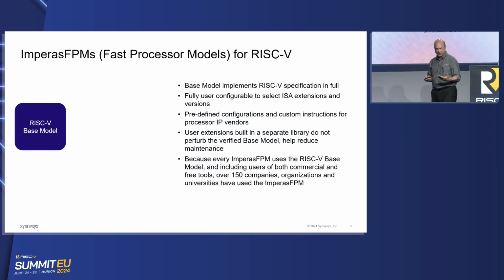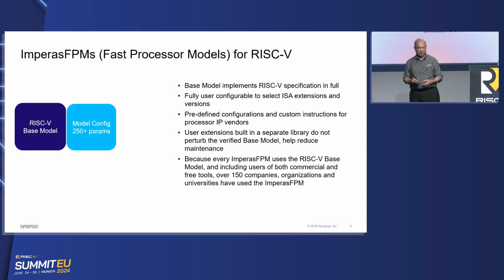So what does this actually look like as a model? We're going to start with a base model where the base model implements the RISC-V specification in full. It's fully user configurable, not only on each extension, but on each version of each extension, because there have been multiple versions of these extensions. They were stabilized early.